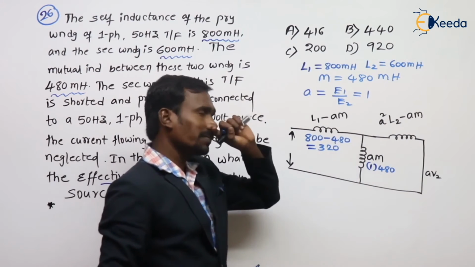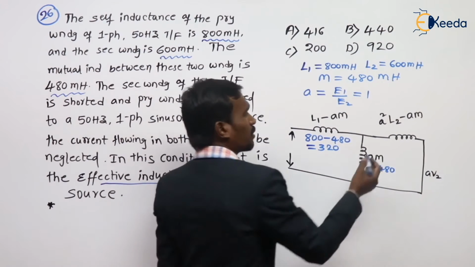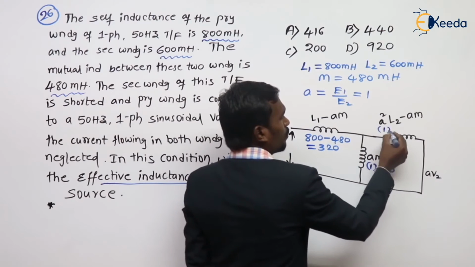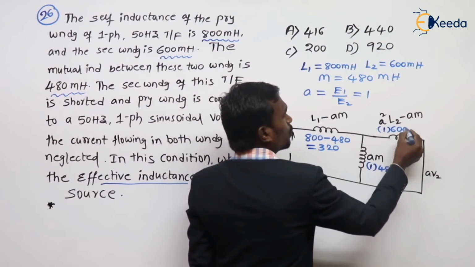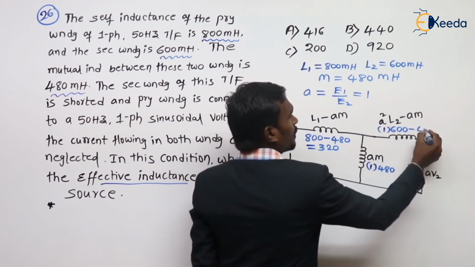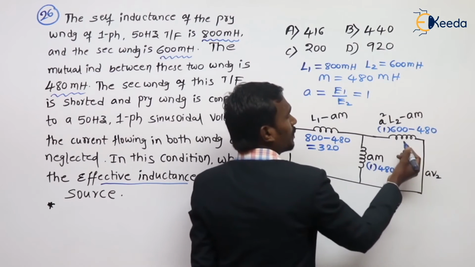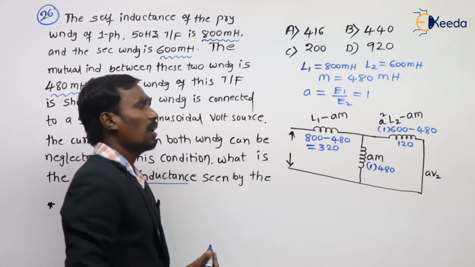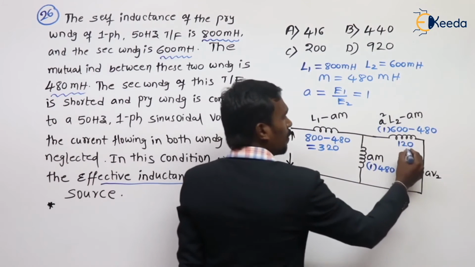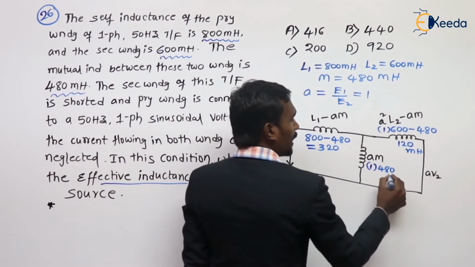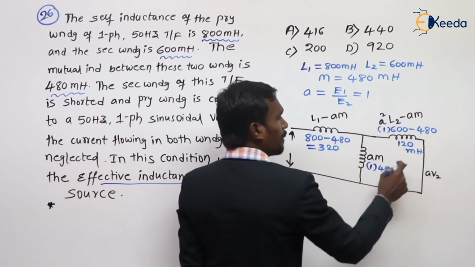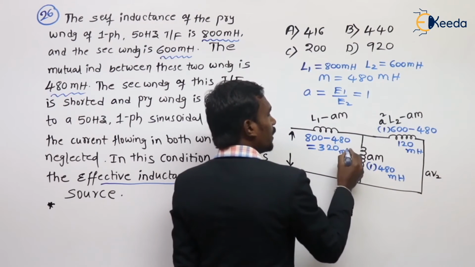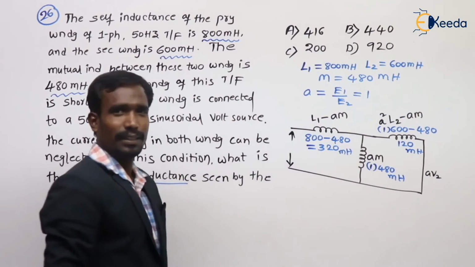And in this one, A square is 1. A square L2 minus AM is 480, so 600 minus 480 is nothing but 120 millihenry. And 480 millihenries are in parallel, and that too in series with 320 millihenry.